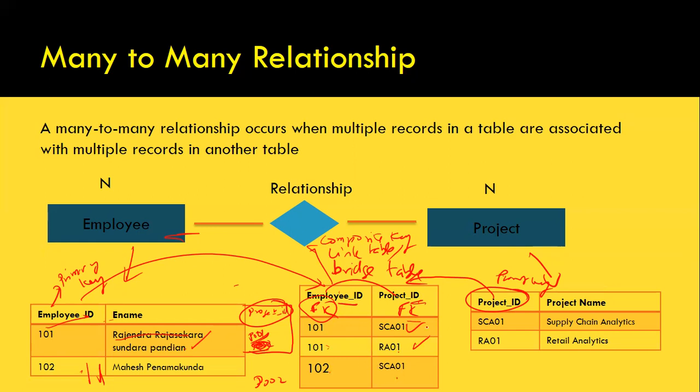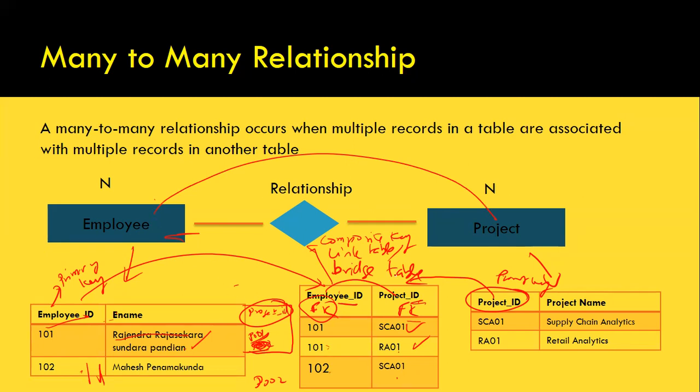Okay, so now we understood that if you want to query the values from these two tables, you need to join these two tables. To join the tables, you don't have a common key between these two tables. You cannot keep this table's primary key column here, or vice versa, because it violates the normalization rule.